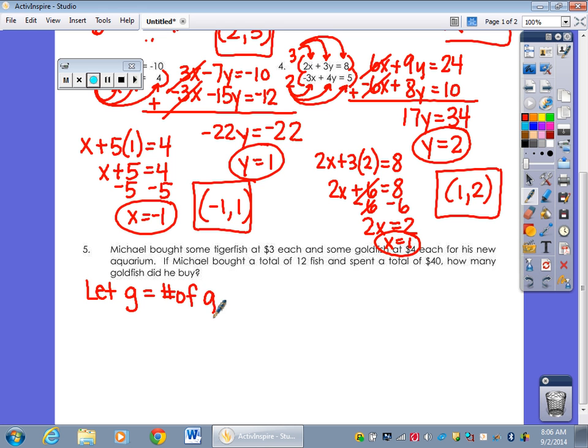Talking and writing at the same time doesn't work very well for me. All right, and then the other type of fish is tigerfish. So I'm going to go ahead and let F be equal to the number of tigerfish, because we have two different types of fish that we're buying.